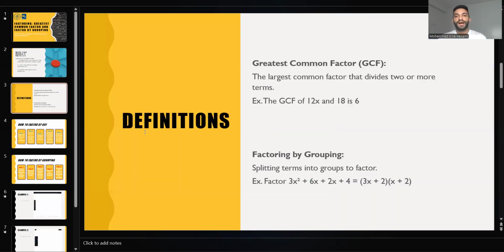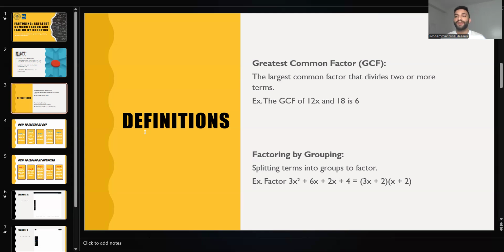So, definitions. Greatest common factor, or in short form GCF, is the largest common factor that divides two or more terms. For example, the GCF of 12x and 18 is 6. First of all, we have to identify the GCF between two terms.